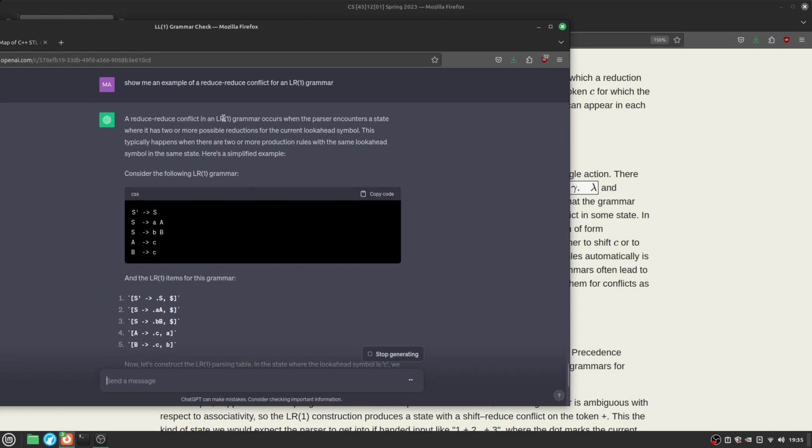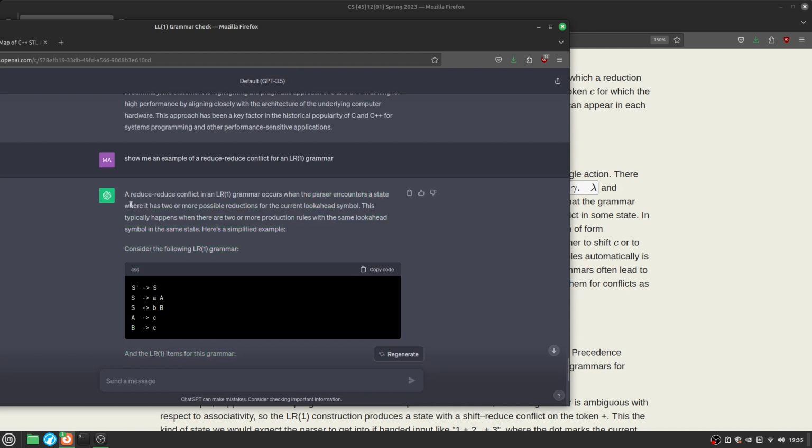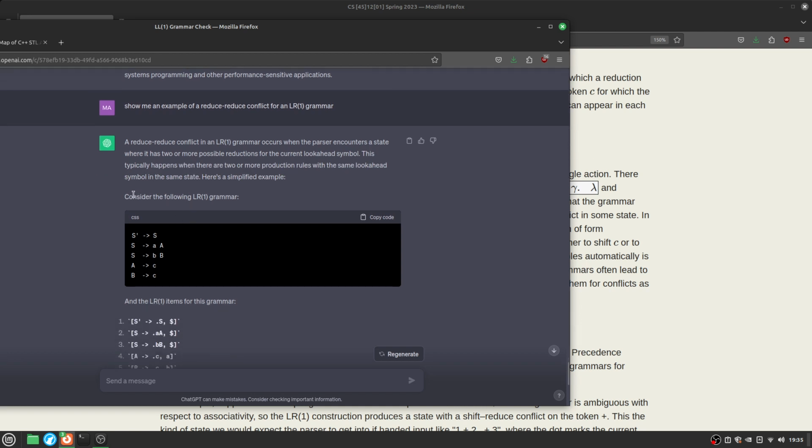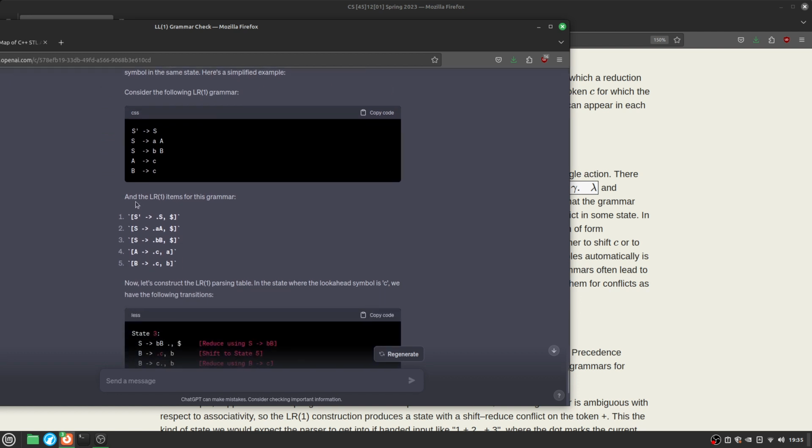A reduce conflict occurs when the parser encounters a state where it has two or more possible reductions for the current look-ahead symbol. This typically happens when there are two or more production rules with the same look-ahead symbol in the same state. Here's a simplified example. Consider the following LR1 grammar. Yep, okay. And the LR1 items for this grammar.